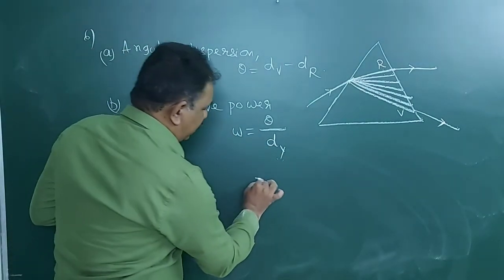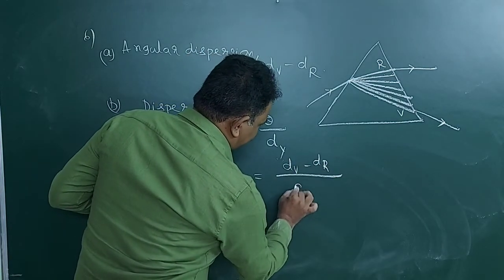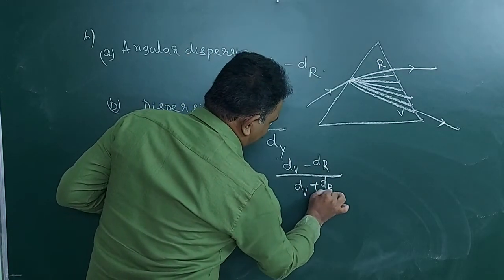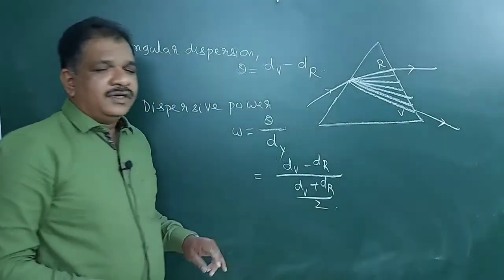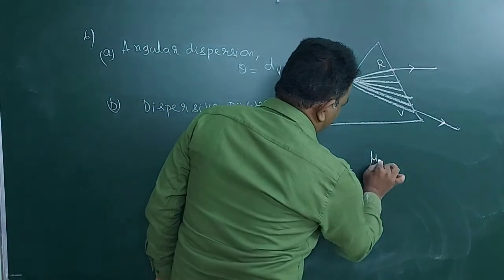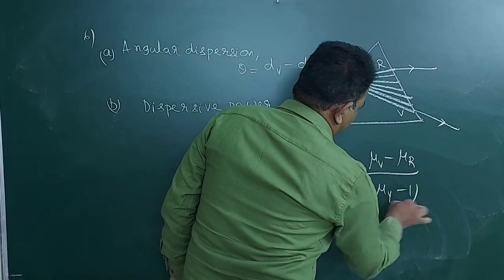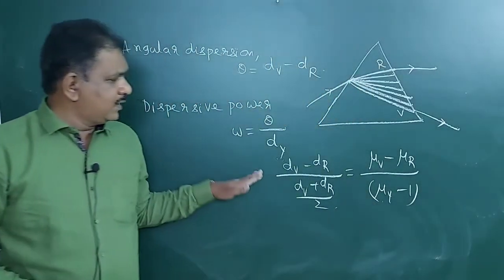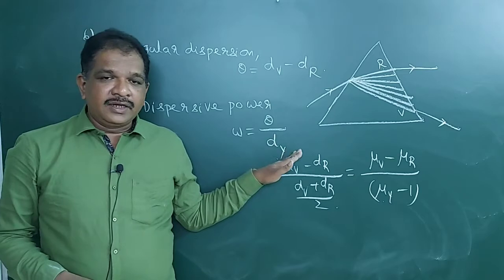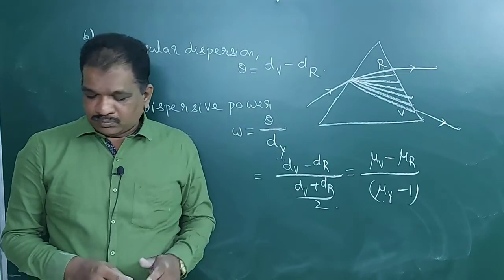So this theta value is dV minus dr. This dy value will be the average of dV plus dr by 2. This is mu v minus mu r by mu y minus 1. Using this formula, we can calculate the dispersive power of a prism.